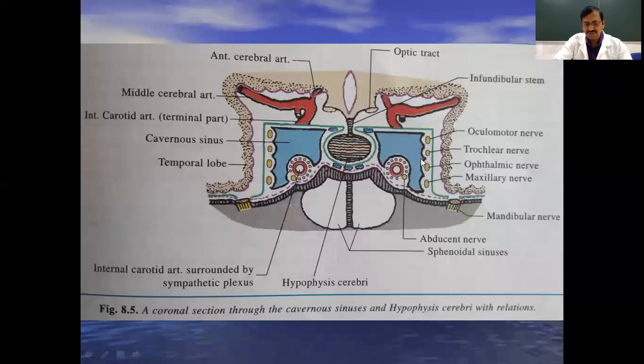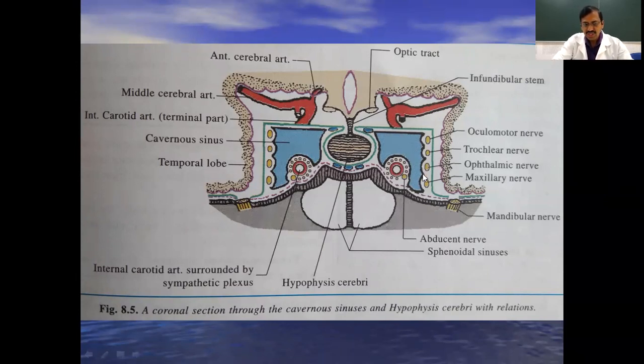Whenever there is a CSVT, that is cavernous sinus venous thrombosis, it leads to increased pressure within the cavernous sinus due to obstruction to the blood flow, and it may produce compression over all these nerves which are having relation with the lateral wall of the cavernous sinus, and it leads to excruciating pain along the distribution of these nerves. That is why this is very, very, very important.